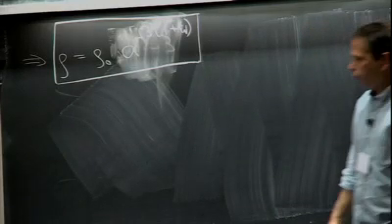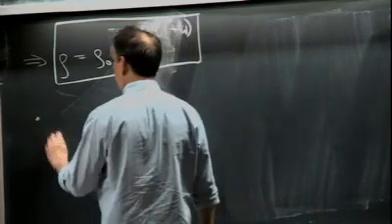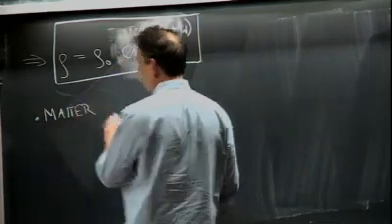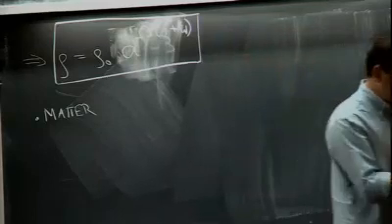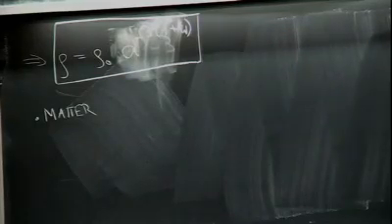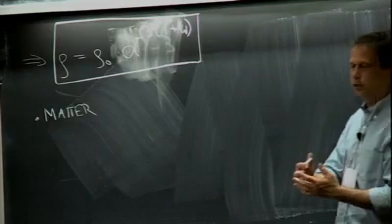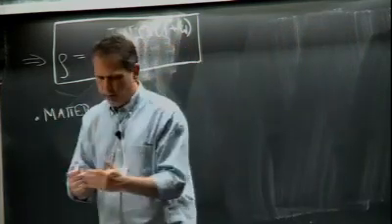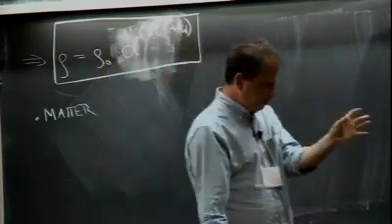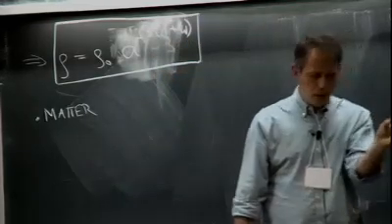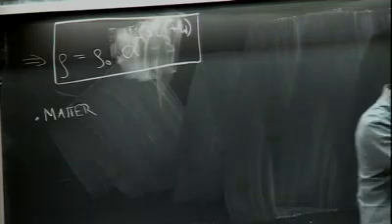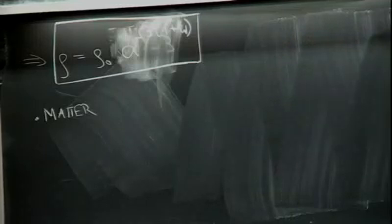Okay, let's do 3 quick examples of this. For non-relativistic matter, the pressure over the energy density is of order T over m. The pressure is the kinetic energy, so it's just the temperature, divided by the energy density, where the pressure per particle is T and the energy per particle is m.